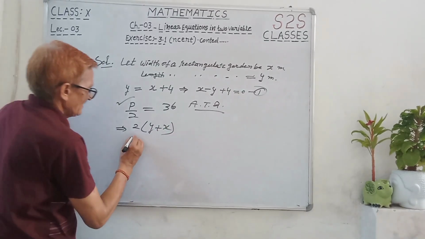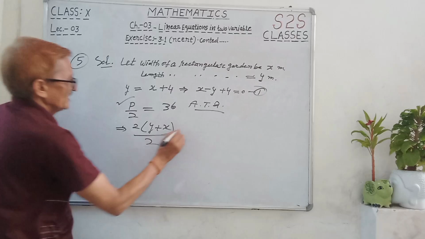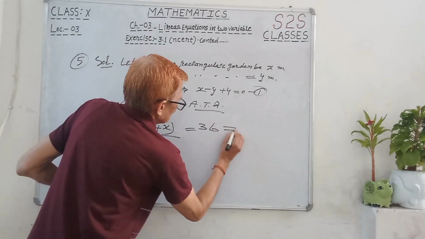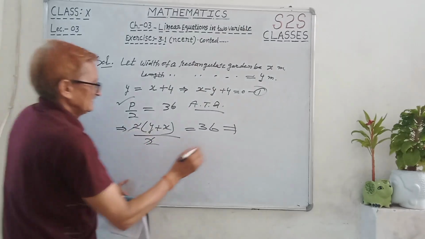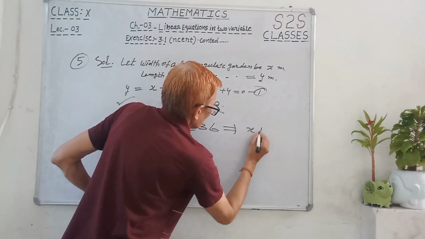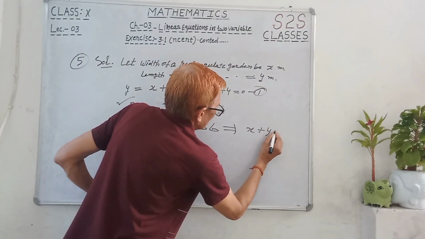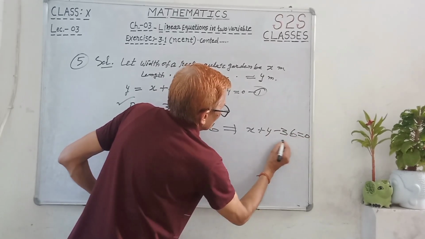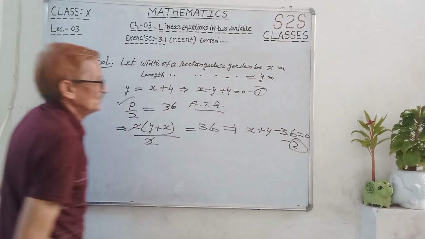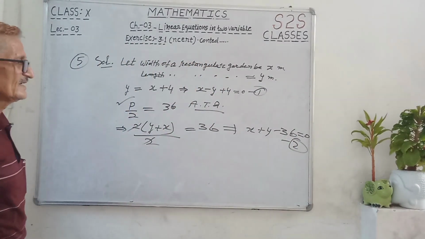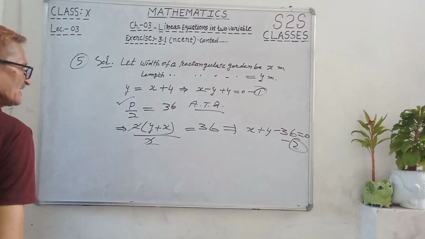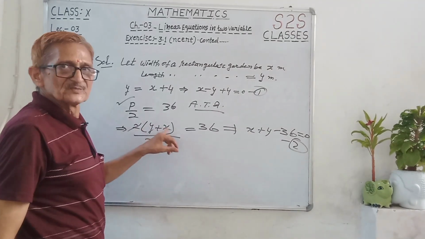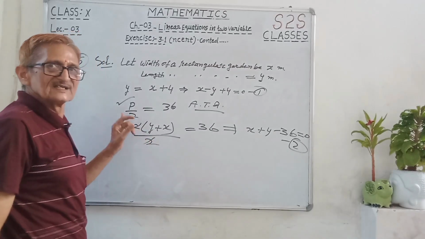This is the perimeter, and half means divided by 2 is equal to 36. To simplify, it is x plus y minus 36 equal to 0. This is equation number 2. Clear? Half the perimeter. That is, length plus breadth multiplied by 2 is the perimeter.